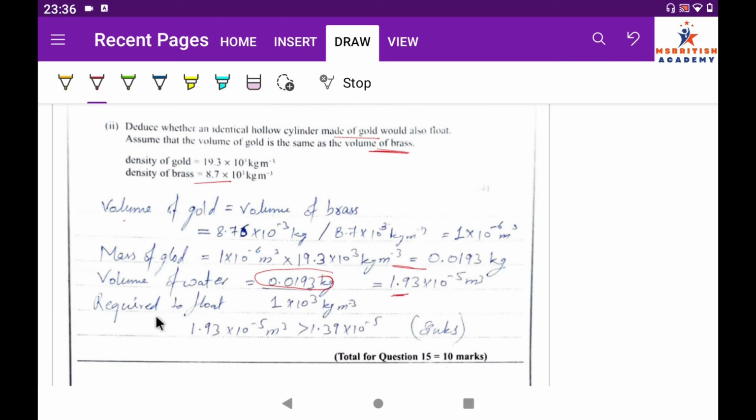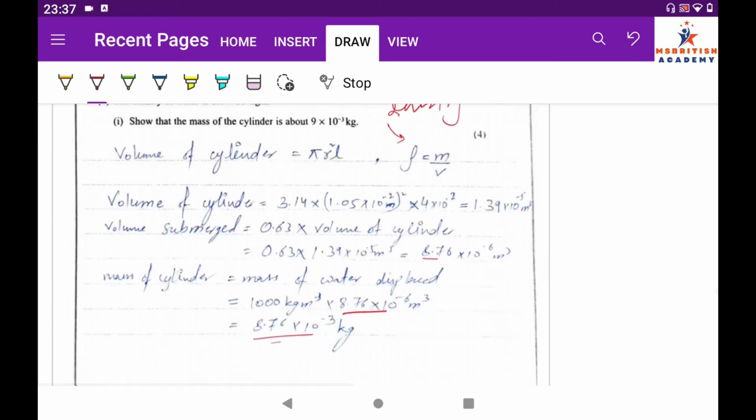So here the volume required to float is 1.93, but we provided this here.